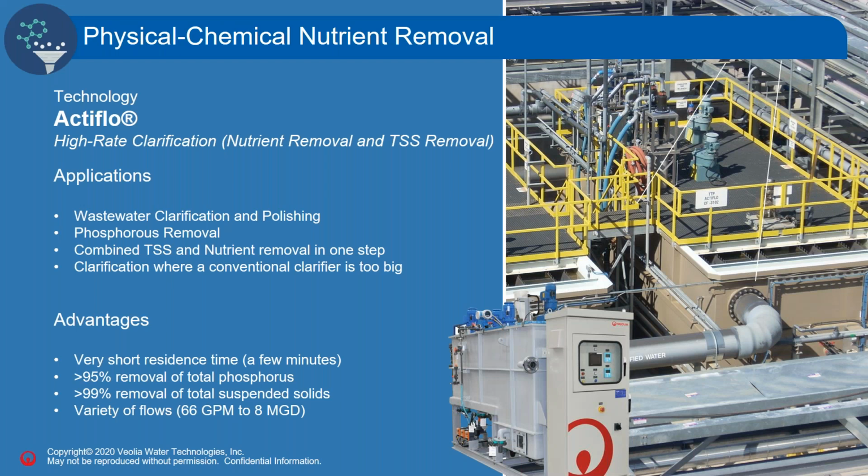So here is an example of ActiveFlow. ActiveFlow is a very well-known Veolia system for ballasted flocculation. It has a very high contact rate between the chemistry and the wastewater, which substantially improves your coagulation efficiency. And it's very important in the case of phosphorus, especially knowing that first graph that I was talking about.